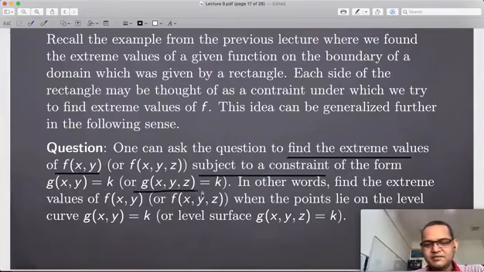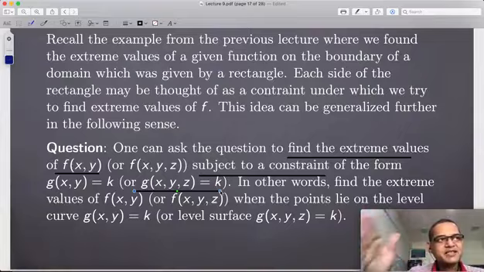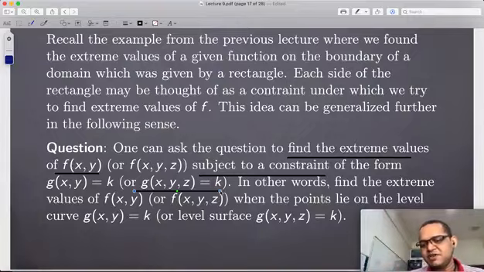When you are in 3 variables, it will become a level surface. Imagine that instead of calling it the side of a rectangle, we say this is the curve on which I want to find the maxima and minima of our function.